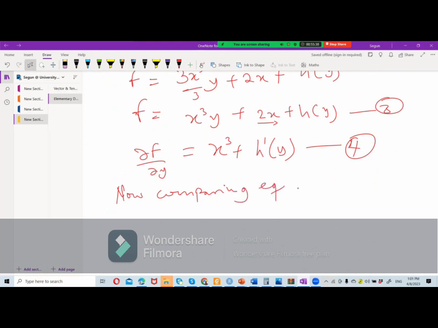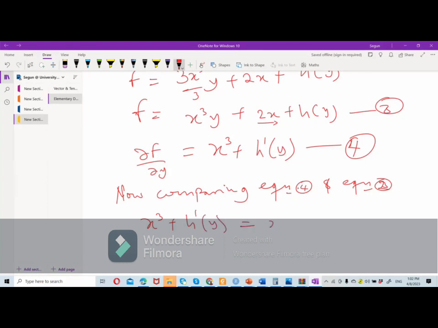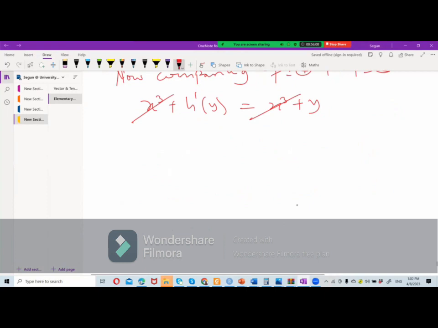We have x cubed plus h prime of y equals x cubed plus y. So in this case, x cubed cancels x cubed. We are left with h prime of y equals y.